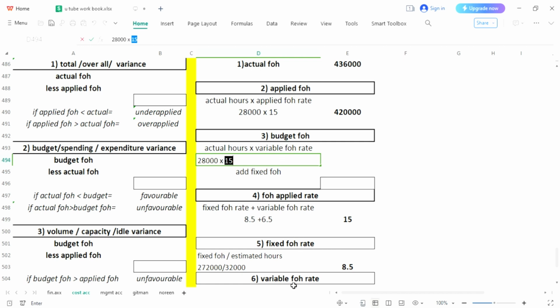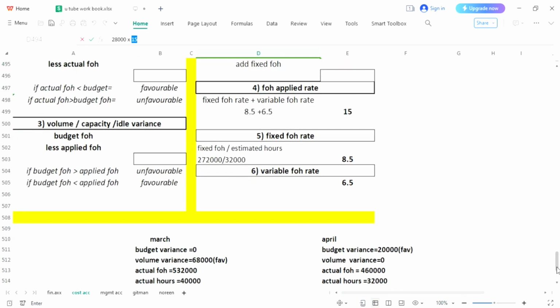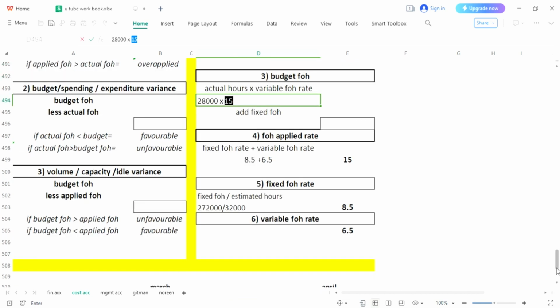You can see here variable FH rate was calculated, and let me show you. Variable FH rate was 6.5. Okay, so you can put here 6.5. Statement is completed.